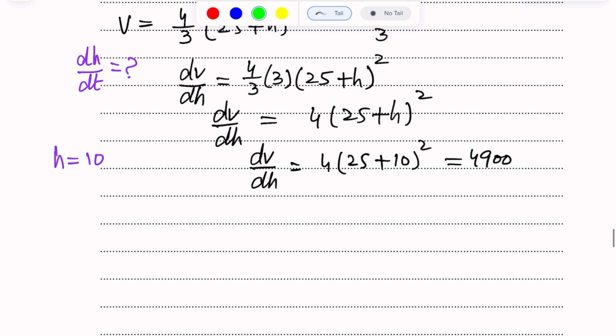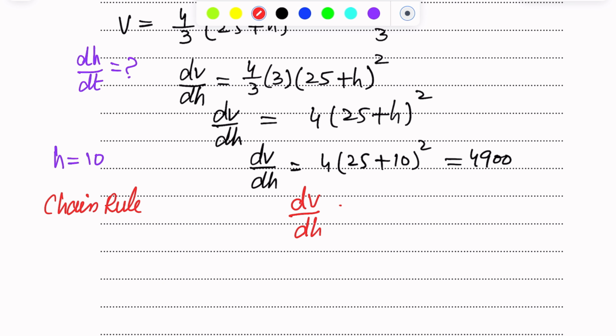Now we will use the chain rule here. The chain rule is dV over dh is equal to dV over dt into dt over dh.